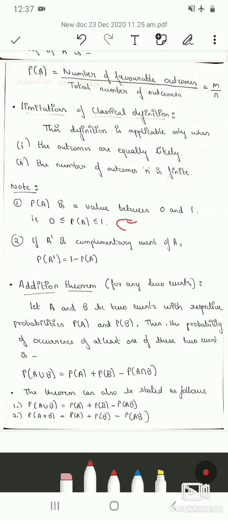So always the probability lies between 0 and 1. If A dash is the complementary event of A, then probability of A dash is equal to 1 minus probability of A. So we can write the probability of a complementary event as 1 minus P(A).